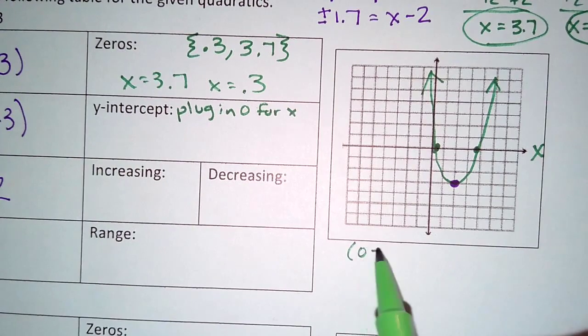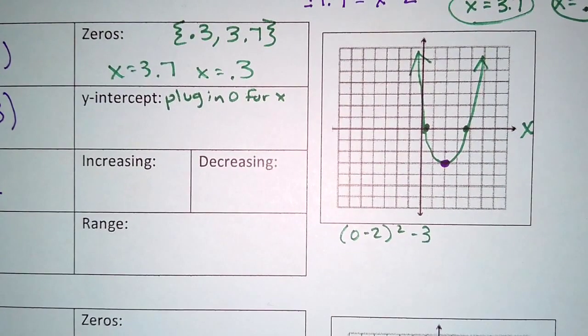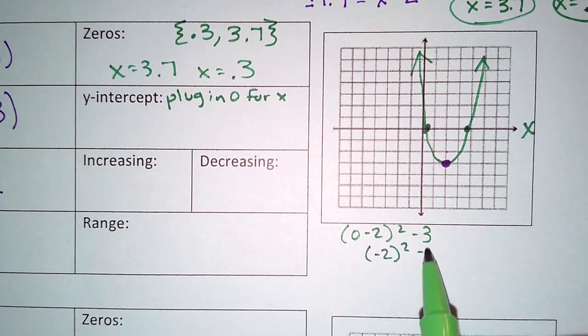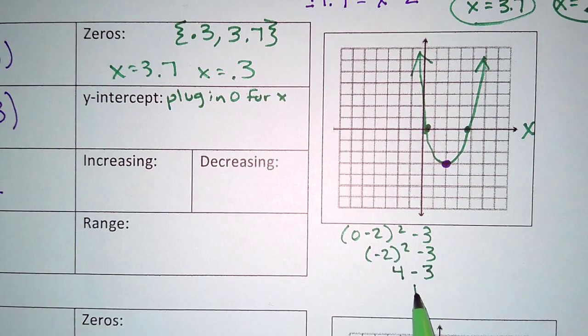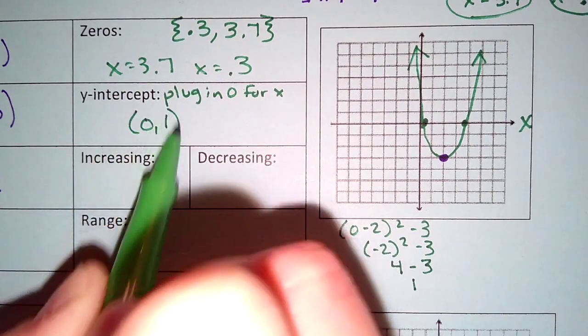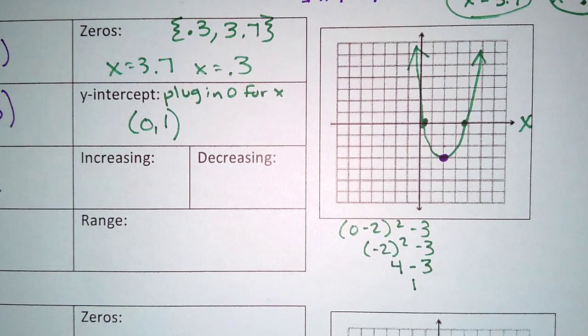So this is 0 minus 2 squared minus 3. 0 minus 2 is negative 2 squared minus 3. Negative 2 squared is 4 minus 3, 1. So that ordered pair is 0, 1. You can do that every time for the y-intercept. And we did that on day 1 notes. It's just been a couple days.